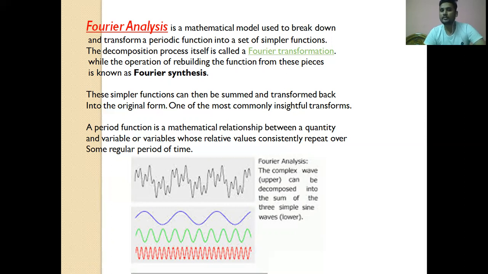In the Fourier transformation, the signal is broken down. After the breakdown, it is transmitted via the medium. After reaching the destination, it is rebuilt. This rebuilding of the pieces is known as Fourier synthesis. So the division is called Fourier transformation, and rebuilding is called Fourier synthesis.